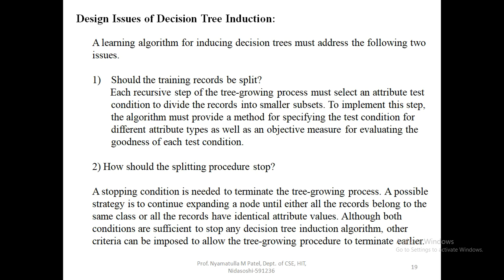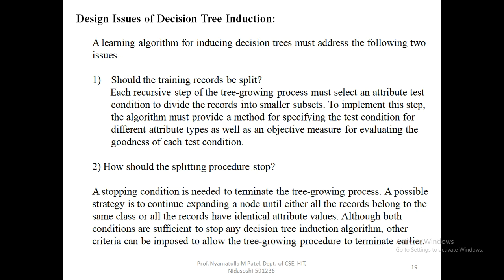So, how well is each test condition able to exactly predict or split the records so that these records belong to the proper classes? Now, how should the splitting procedure stop? The stopping condition is needed to terminate the growing tree.